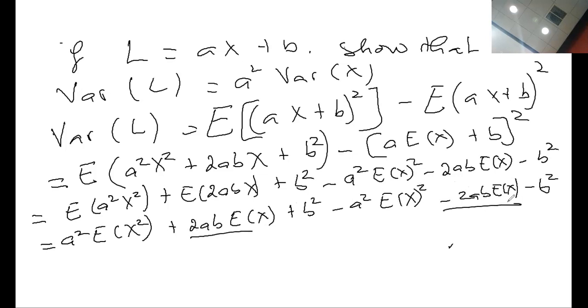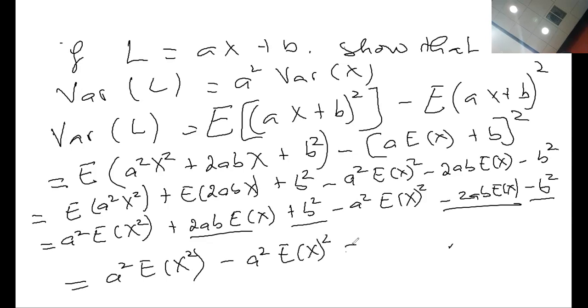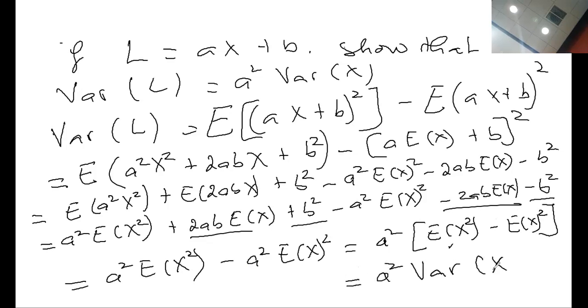You can see that this and this will go, this and this will go, and we will be left with a squared E of x squared minus a squared E of x squared, which is a squared times E of x squared minus E of x squared, which we know is a squared times variance of x.